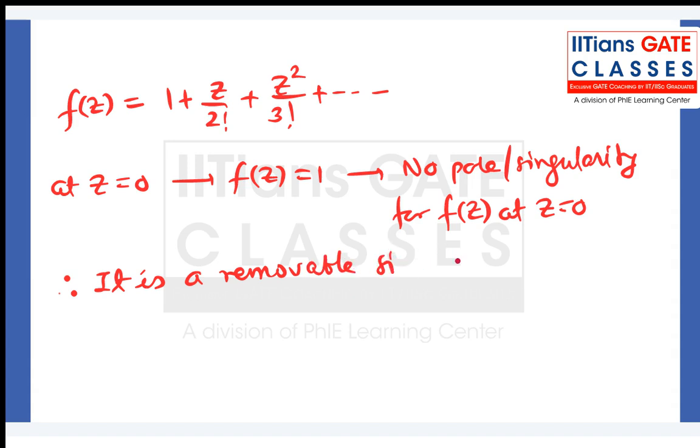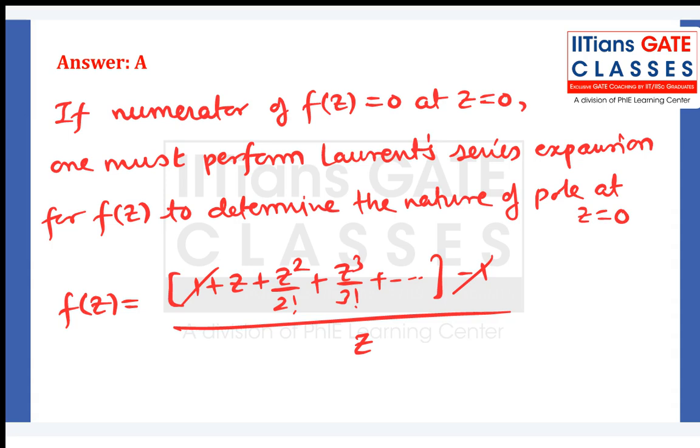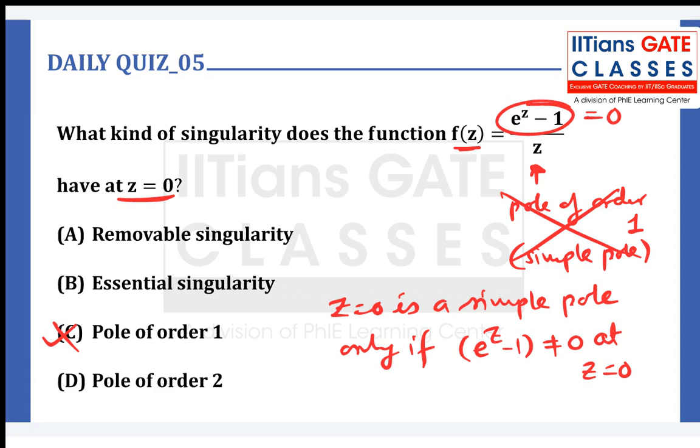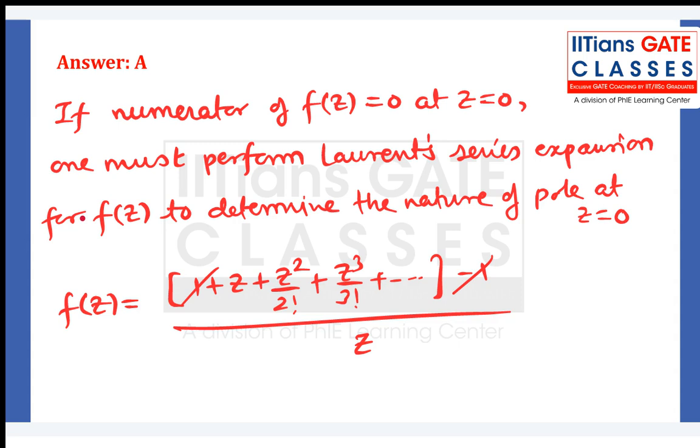So this is the classic trap in this kind of questions, and this has been asked multiple times in your GATE exam also. Many of the students do not consider the value of the numerator when they check the pole, and that's where they make a mistake. So here the correct answer is option A, not option C, and that is also as per your answer key.